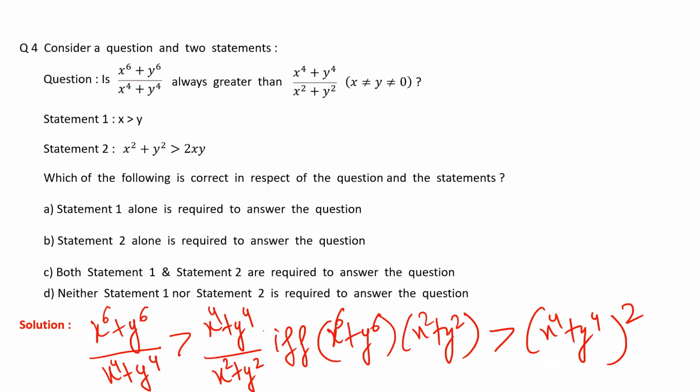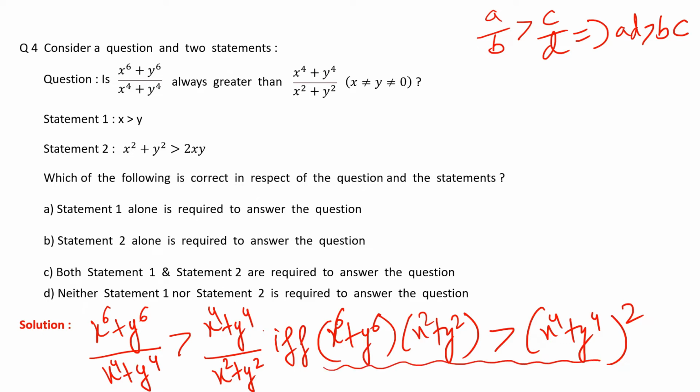Because we know that whenever a, b, c, d are positive numbers forming this kind of inequality, that is a upon b greater than c upon d, then this certainly implies ad is greater than bc. Because in a linear inequality, if we multiply both sides with a positive number, then the sign of inequality does not change. Fine. Now, this second statement is true if and only if.